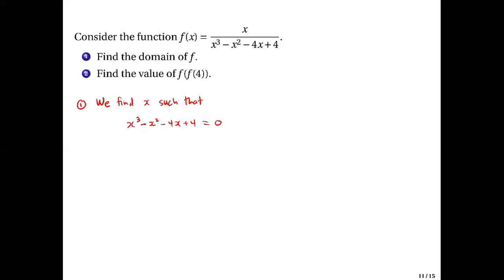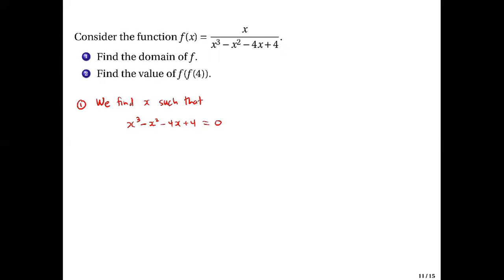And then once we find these x, we remove them from the set of real numbers. That will be the domain of this rational function, because you can evaluate this function at any real number except for those that will make the denominator 0. So we need to find those x's that make the denominator 0, then remove them from the set of real numbers. That will be the domain of f.